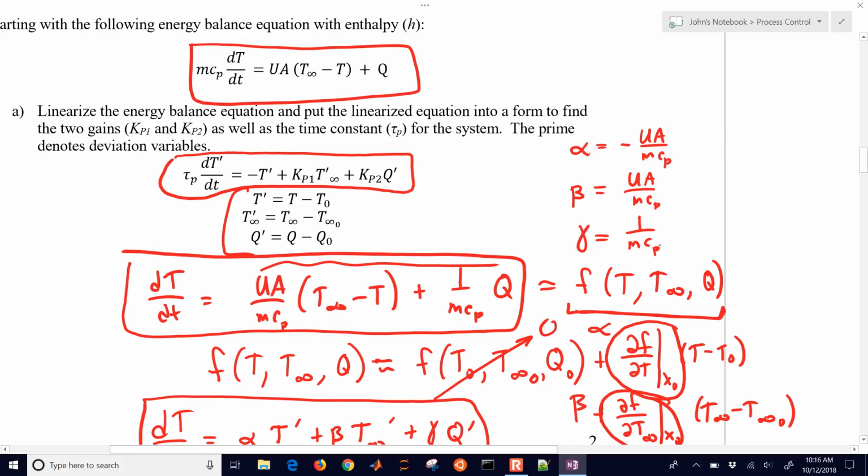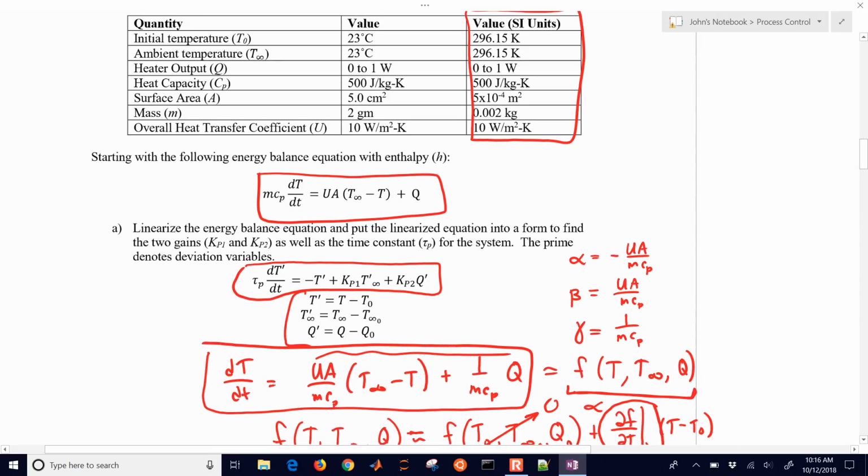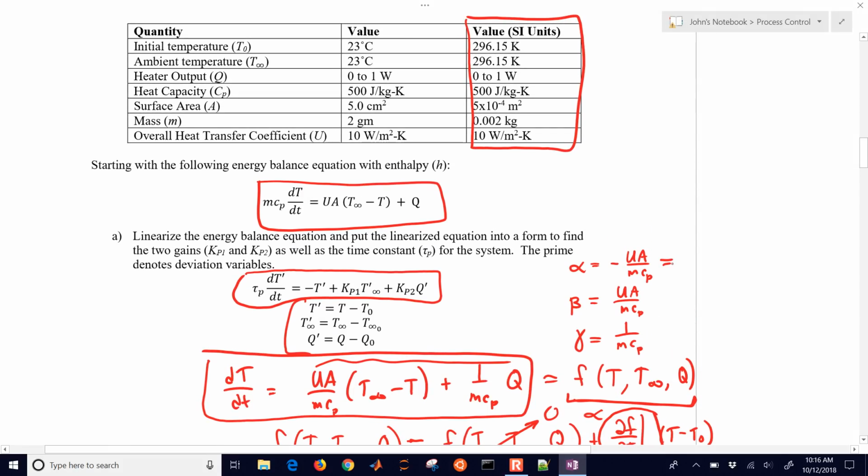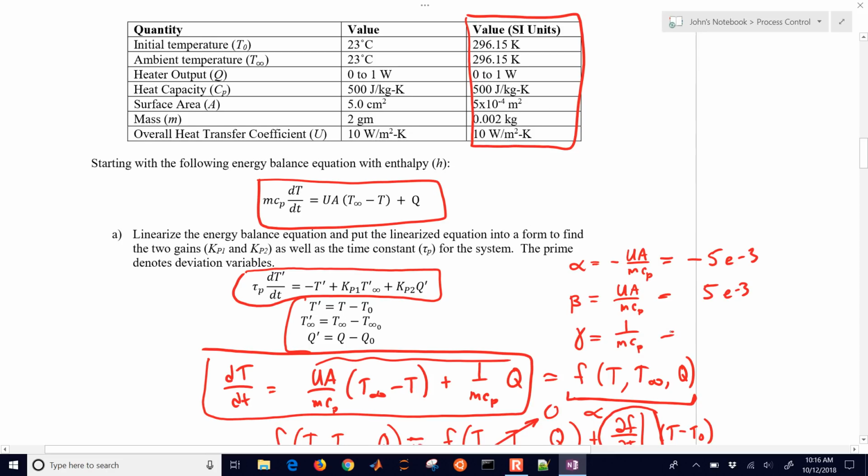If I plug in the values in the table above, that leads to an alpha value of negative 5 times 10 to the minus 3. Beta is 5 times 10 to the minus 3, and gamma is equal to 1.